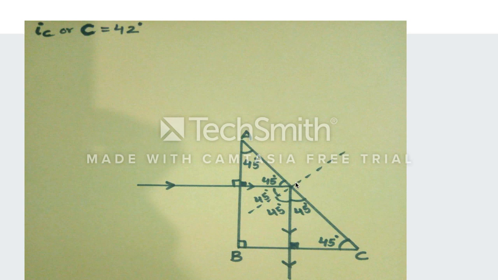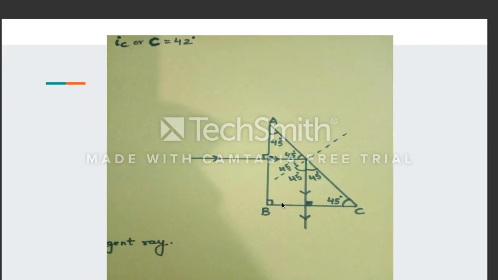Because this is how the ray strikes and this is how it emerges out, making an angle of 90 degree between the incident ray and the emergent ray. So 90 degree is this. Clear, students? So this is the second ray diagram. Again, ray diagram must be drawn along with the angle measures. All angles, arrows are a must in the ray diagrams, and at the same time uses must be written very clearly. Clear, students? Let's move to the next.